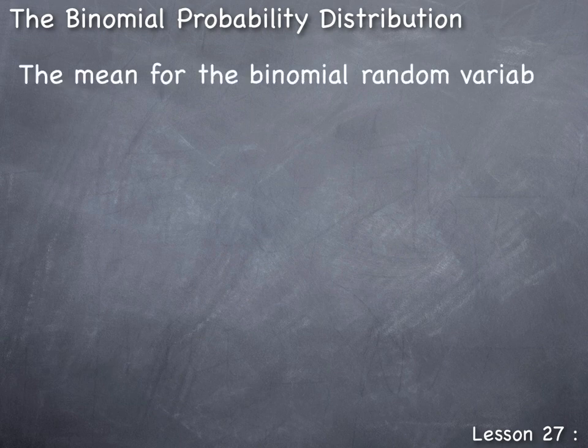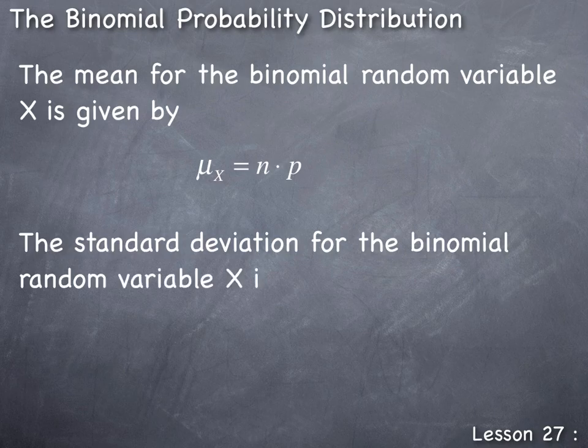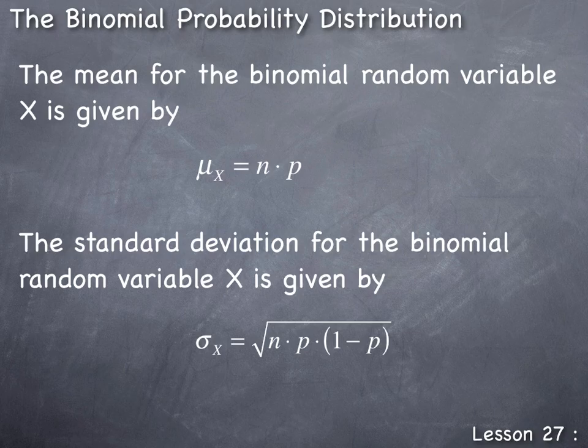The mean for the binomial random variable x is given by the formula mu sub x equals n times p. And the standard deviation for the binomial random variable x is given by the formula sigma sub x equals the square root of the quantity n times p times 1 minus p. Now, of course, we could use the 1-Var Stats command on the TI-84 calculator to calculate the mean and standard deviation for any random variable.